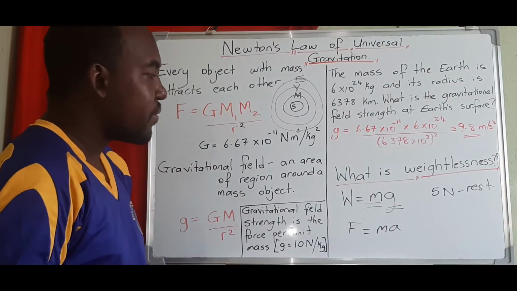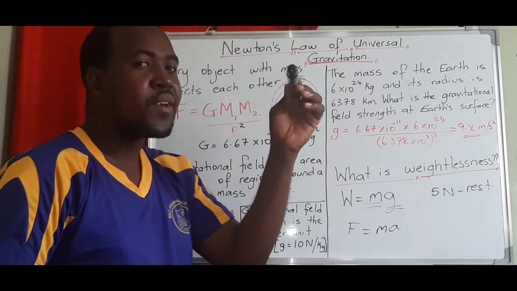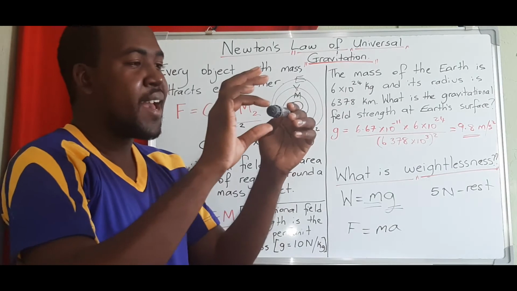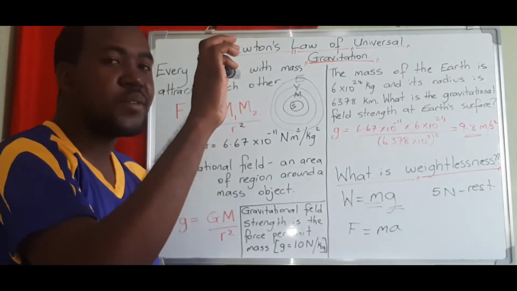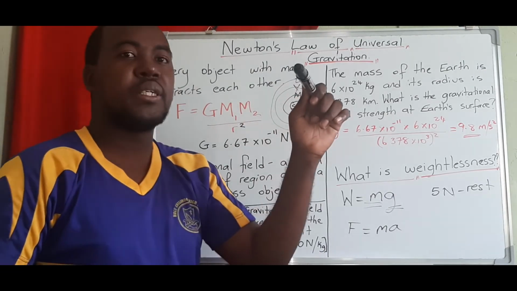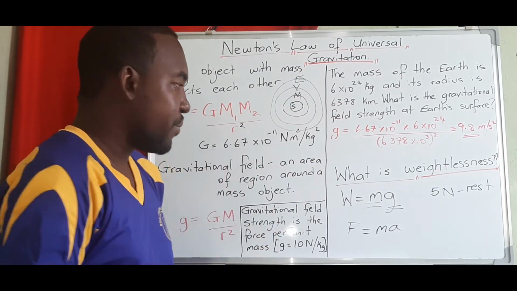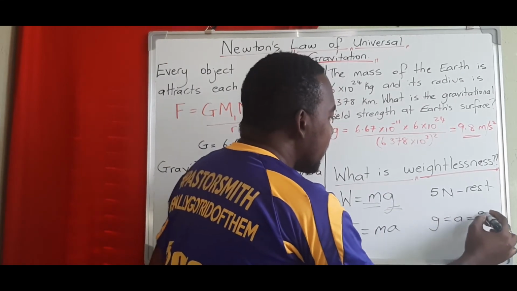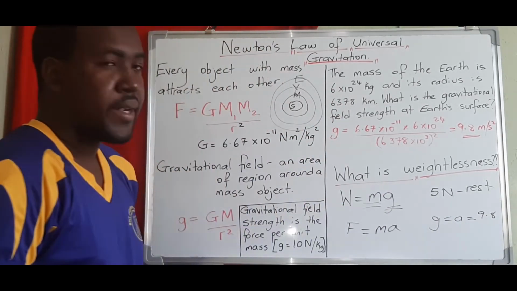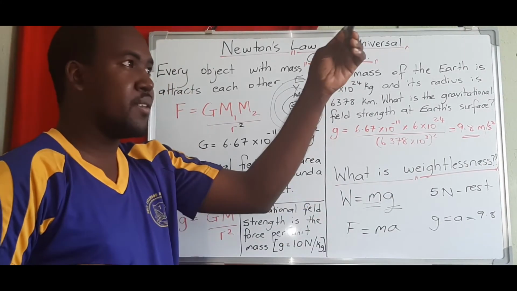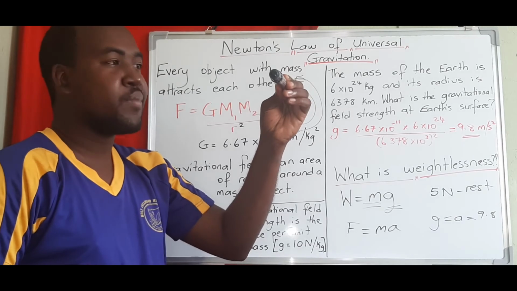But what if the elevator string got cut, and now the elevator is moving at the same acceleration as g, which is 9.8? The elevator is accelerating at 9.8, meaning it's only falling because of gravity.